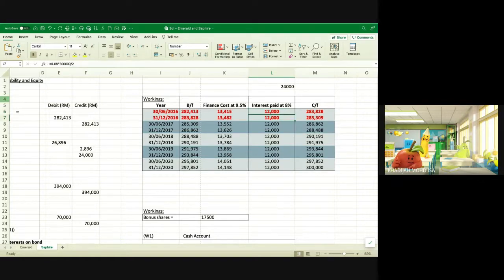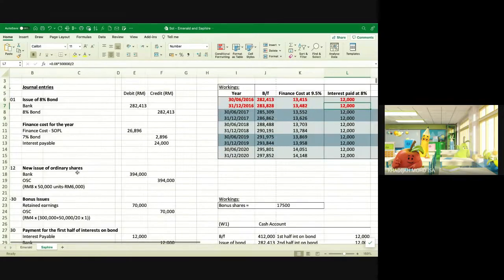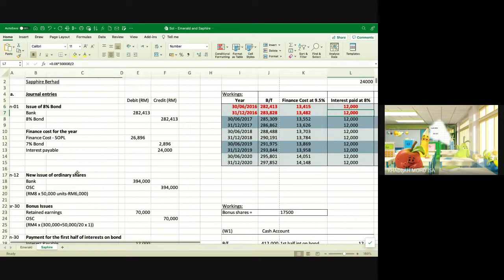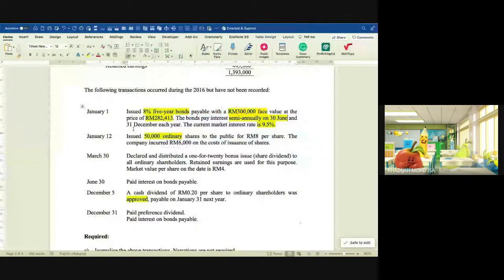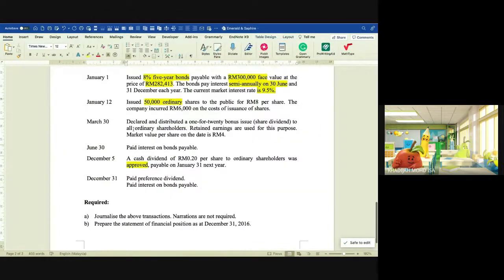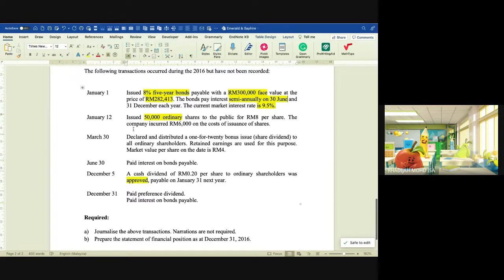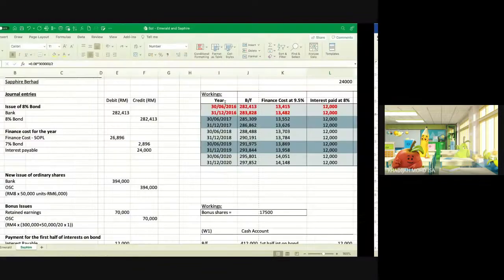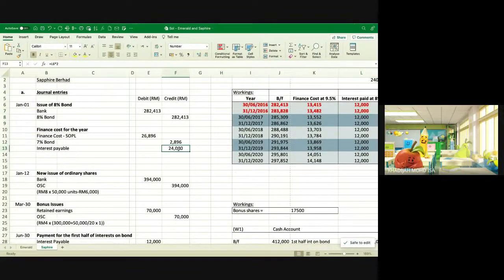So that amount is, here, if you are required to generalize the above transaction, narration is not required. So what you are going to do is I think you have to have interest payable, because this one is finance cost for the year, so that's why they only make it 24,000.